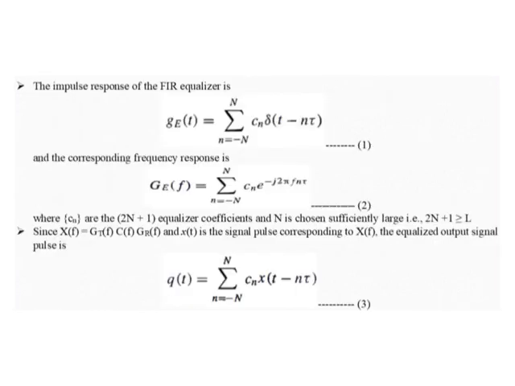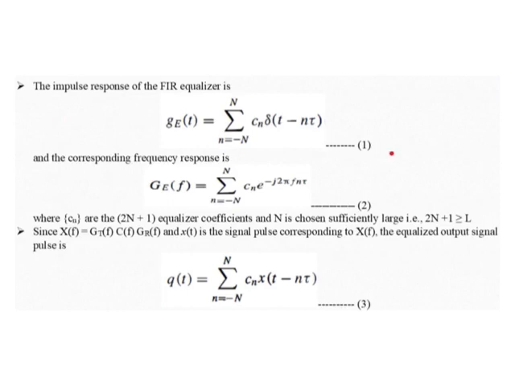Now coming to the equations governing this linear equalizer, the impulse response of this FIR equalizer is given by g_E of t is equal to summation n is equal to minus N to N of Cn delta of t minus n tau.